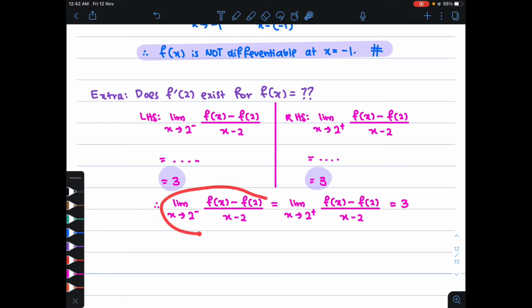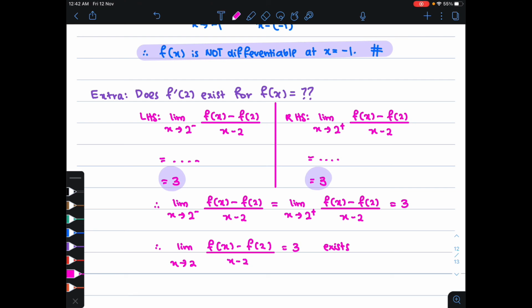So, if the left-hand side is the same as the right-hand side limit, you can make the conclusion that this limit exists. But don't forget to put the value, which is 3. But this time, here, you no longer need to put positive or negative, because you have already proven that this limit is the same as this limit.